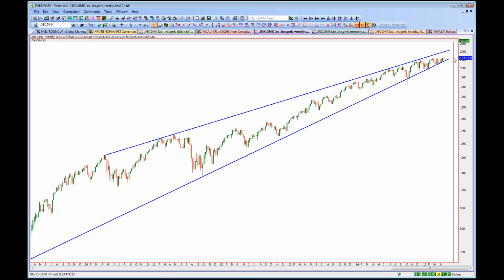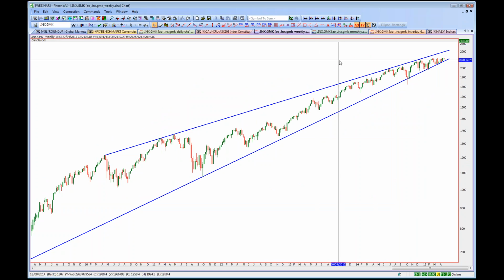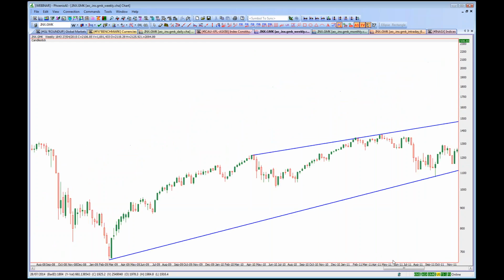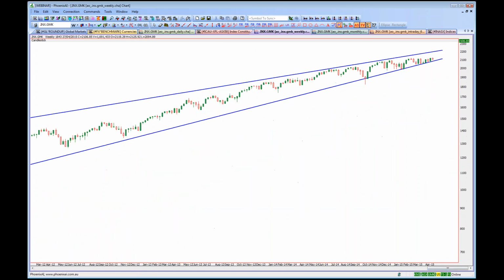Okay, you can see right now, in fact, if I just magnify it a bit, what we can probably see, okay, it's major resistance at this point here.